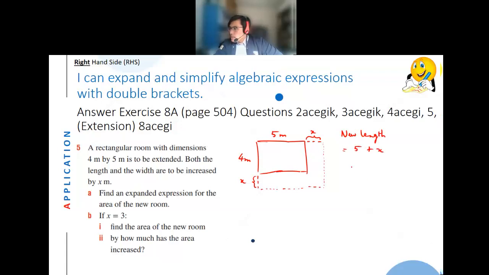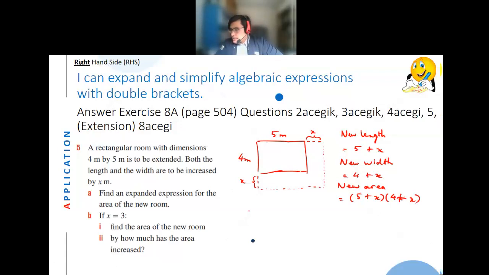And the new width is going to be 4 plus x. So the new area, now remember that area is length times width, so it's going to be 5 plus x times 4 plus x. There we go. And you can see here that's a double bracket, so we can expand it.